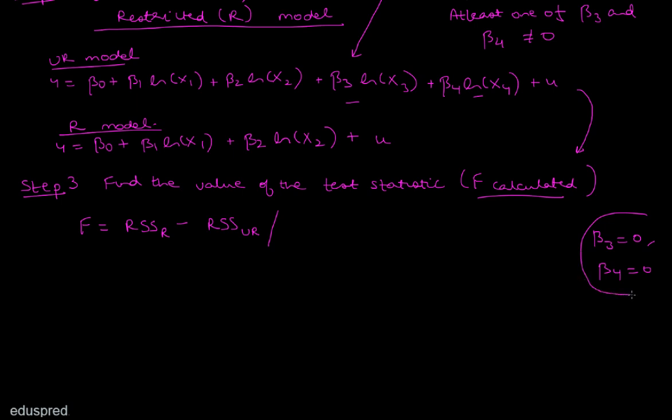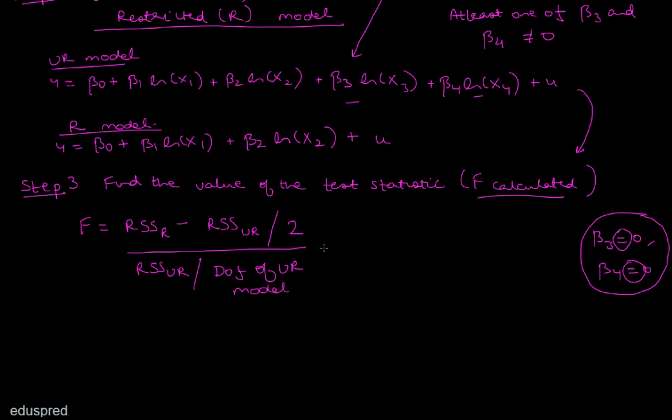So this is the null hypothesis that we have. To count the number of restrictions you need to count the number of equal to signs that are there in the null hypothesis. So there is 1 and 2. So there are two equal to signs in the null hypothesis. That means the number of restrictions that we have is 2. So I'm going to write 2 over here, divided by RSS of the unrestricted model divided by degrees of freedom of the unrestricted model. Okay, this is one of the formulas to find the value of F.